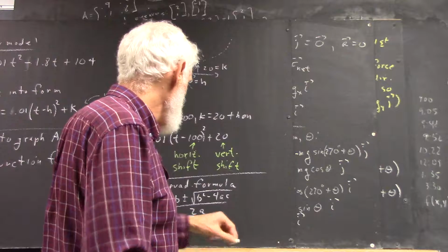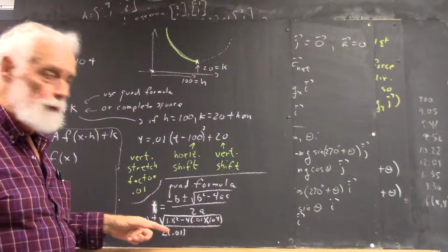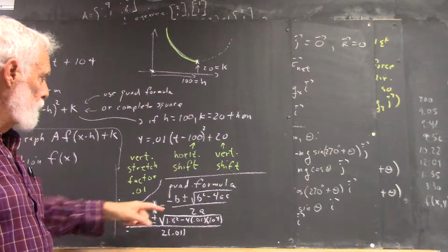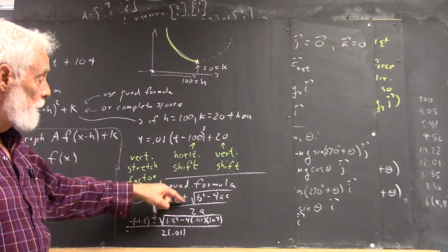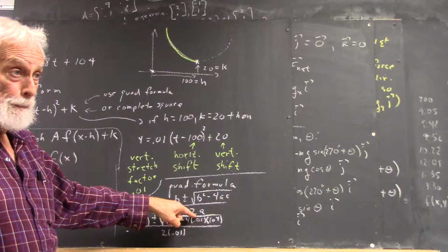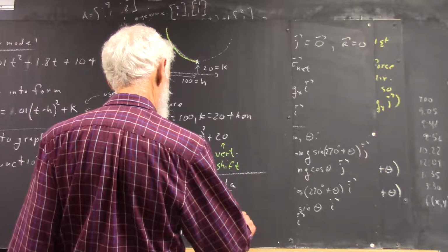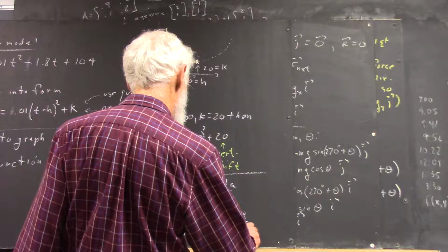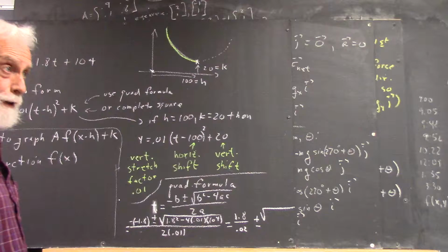Well, I'm going to stick with small writing here, but we understand that by the distributive law, this is equal to whatever b is divided by 2a plus or minus whatever the square root is divided by 2a, right? In other words, this number here is going to be 1.8 over 0.02 plus or minus the square root of this mess, okay?